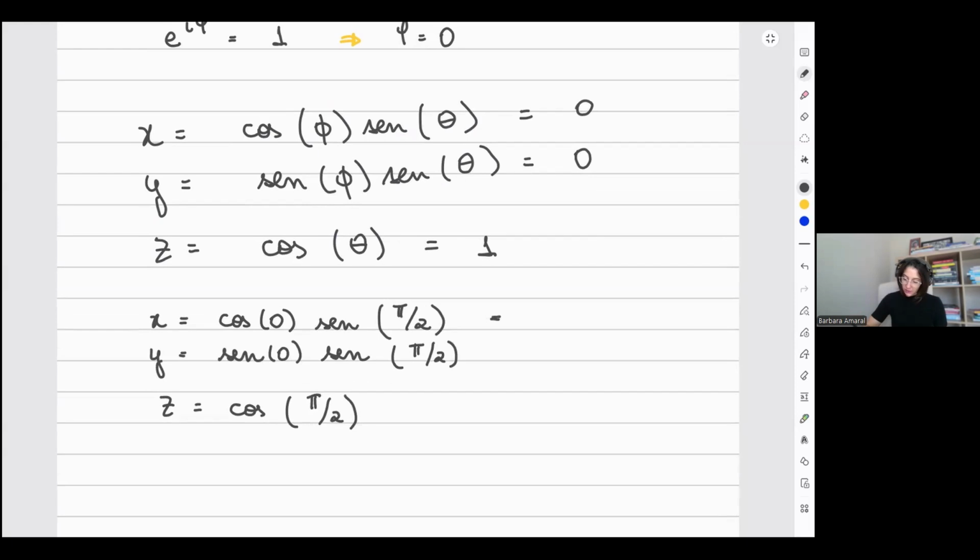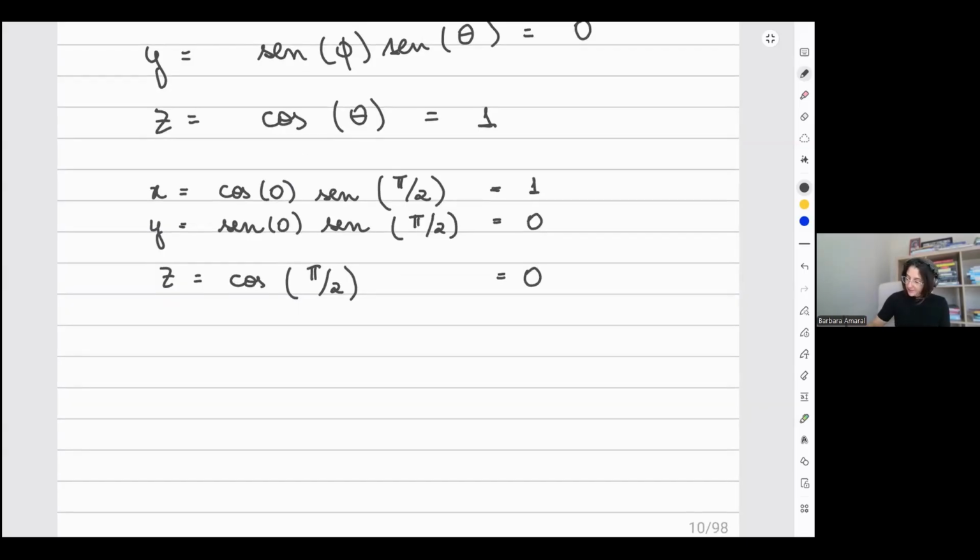And this is going to give us 1, 0, 0. And if we draw our sphere again, this vector will be here.